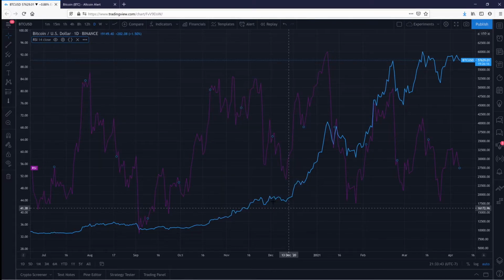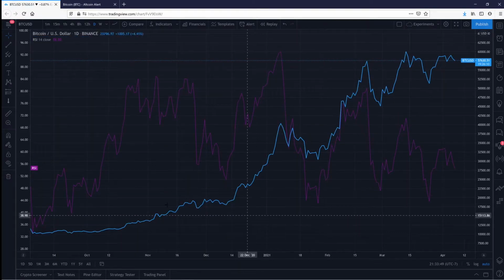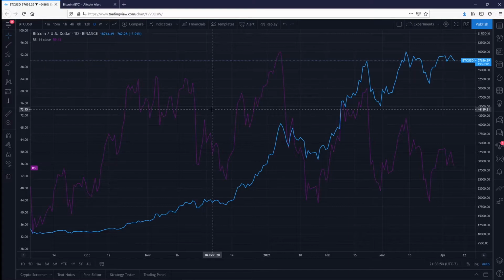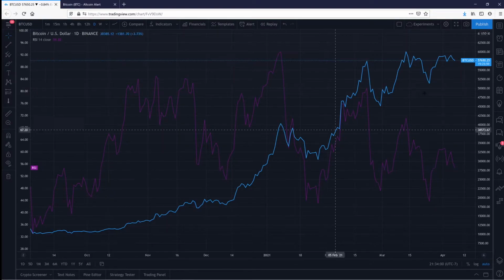All right. So now this is essentially what their sentiment charts look like, where you have, in this instance, RSI. We're going to pretend that the RSI is the altcoin alert score and Bitcoin is Bitcoin.